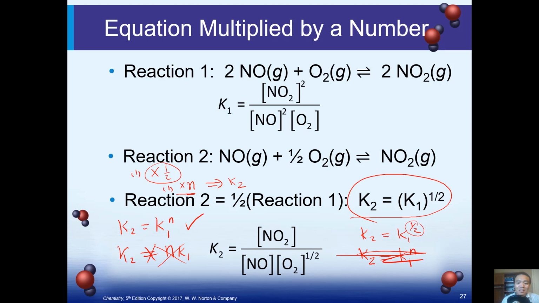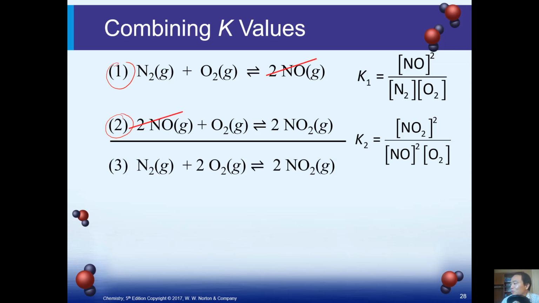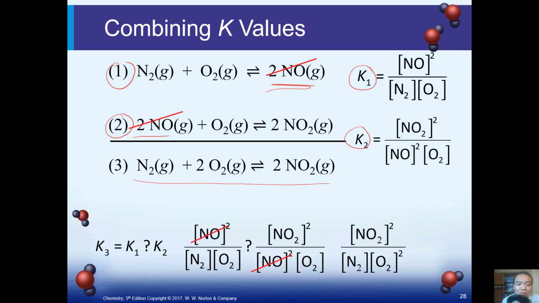All right. We're going to look at another situation. What if you have two reactions to begin with, reaction 1 and reaction 2, and you combine them by canceling out the same terms as you see over here? Then you get a new reaction. You have the corresponding original K expressions. What about the K expression for the third reaction?